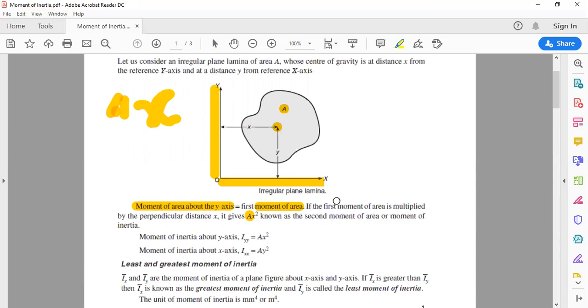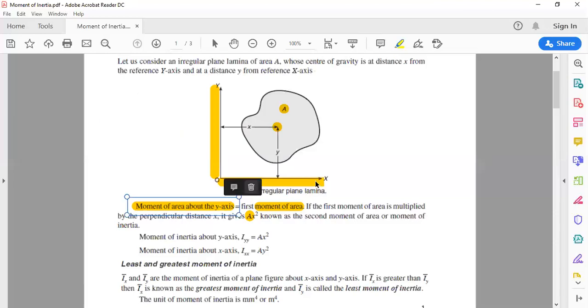Next, as I told you, moment of inertia is second moment of area. So second moment of area means moment of area. Moment of area is a into x. Second moment of area will be a into x into x, that is ax square. That is how we get ax square. So moment of area, first moment and second moment, that is with respect to y-axis.